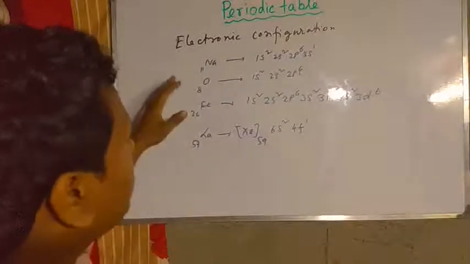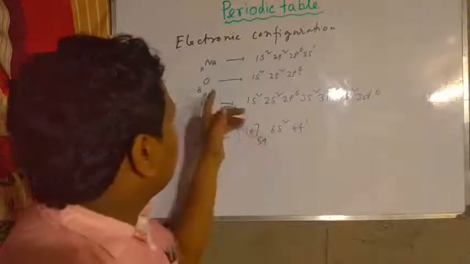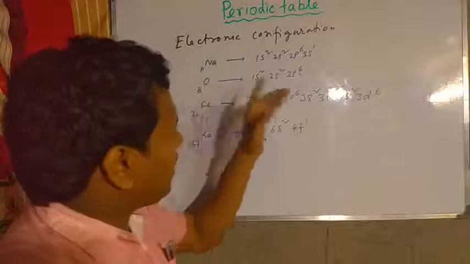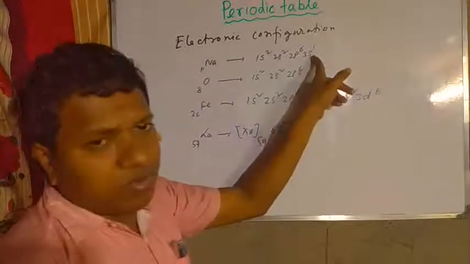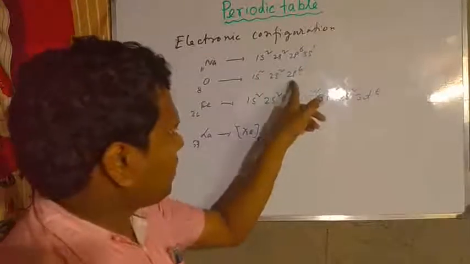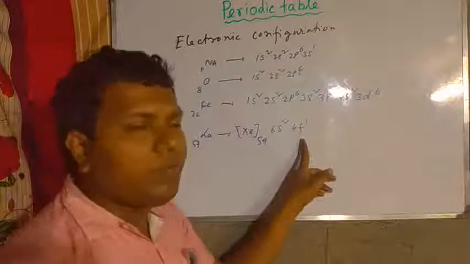From this we see that for some atoms the last electron is written in an s orbital, for some in a p orbital, some in a d orbital, some in an f orbital.